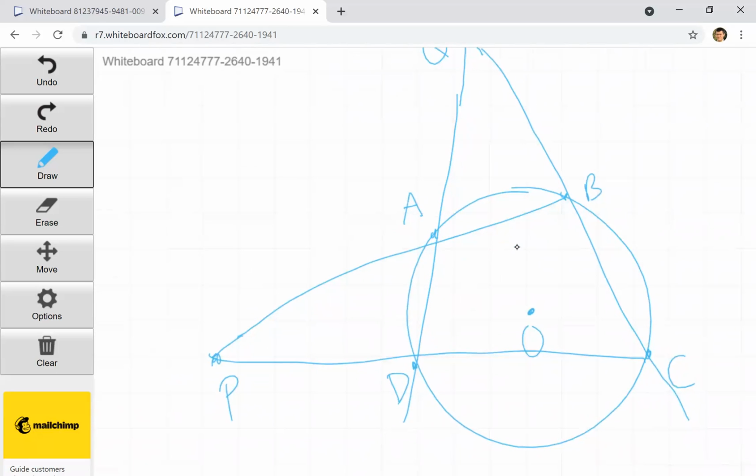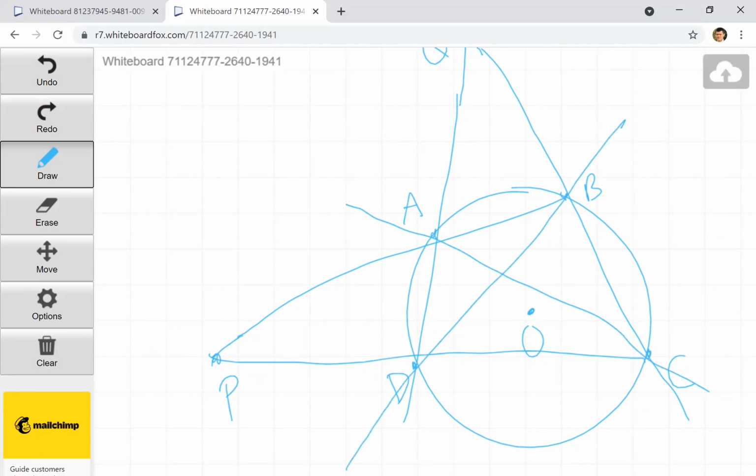This now is complete. This is R, yeah? 6 lines. Then P, Q, R are the poles of QR, RP, PQ. In particular, O is the orthocenter of PQR.